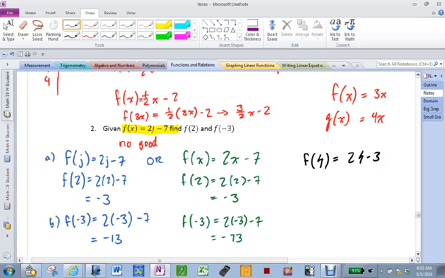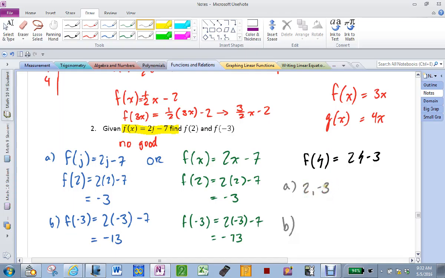Okay. Now, in blue and green here, you have been given 2 points on the coordinate grid. A gets you a point on the grid, B gets you a point on the grid. What are those 2 points? Remember, a point has an X and a Y. So what are those 2 points in A? 2 and -3.